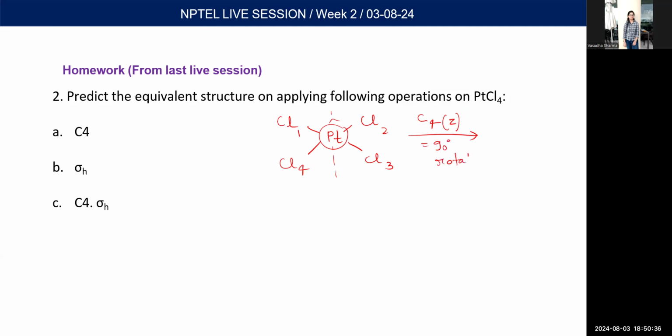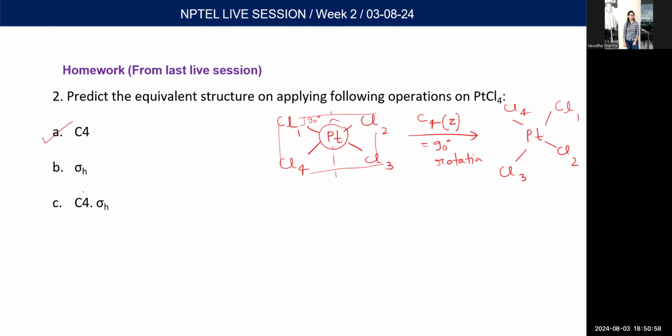And if it's a square, we know all squares have an angle of 90 degrees. So this Cl will ultimately go to the next position, and this would be your equivalent conformation.